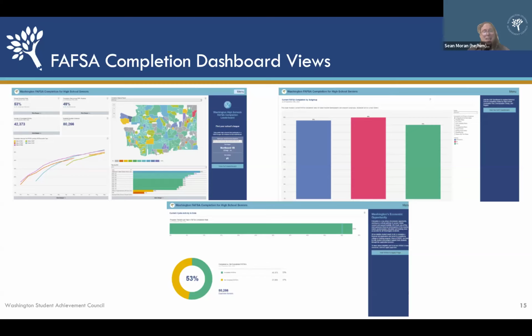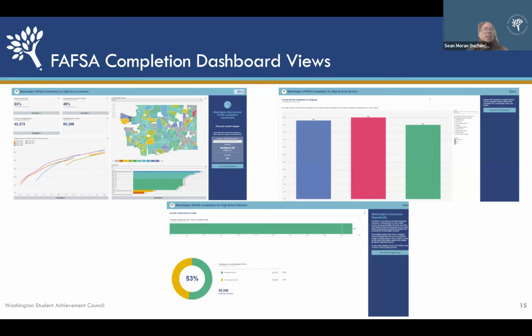It has the state, it has state FRPL rates, it looks at the district map. You can also change it to other maps. There are ESD as well as county and school maps. So you can also look at school FAFSA completion rates as well by changing that bar right above the map.